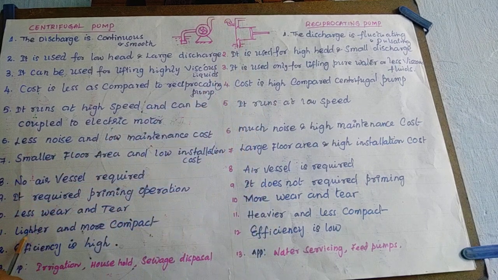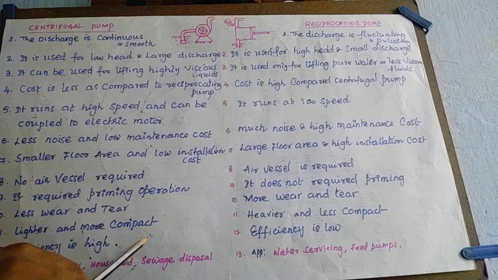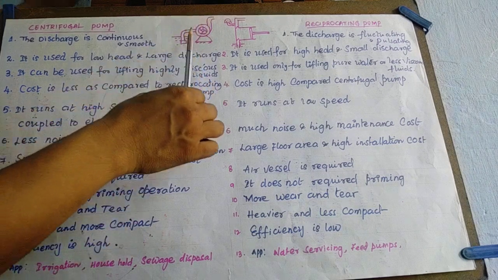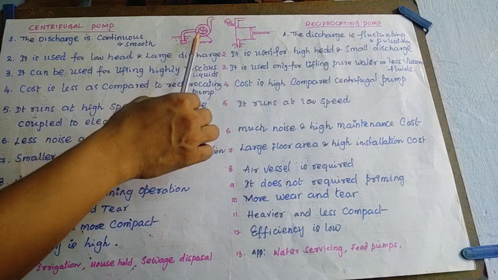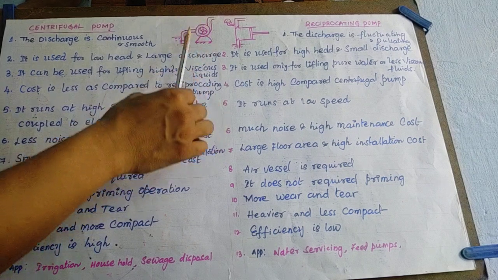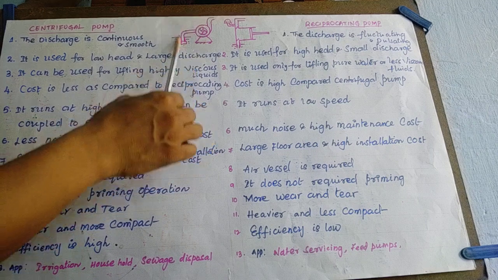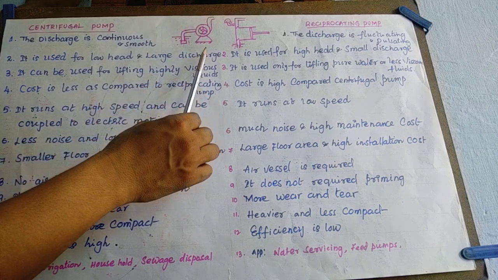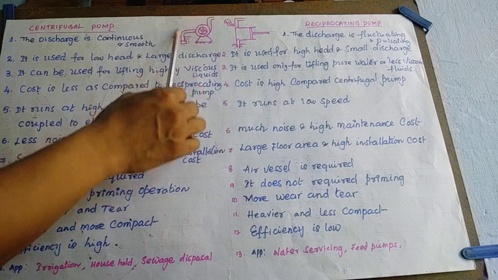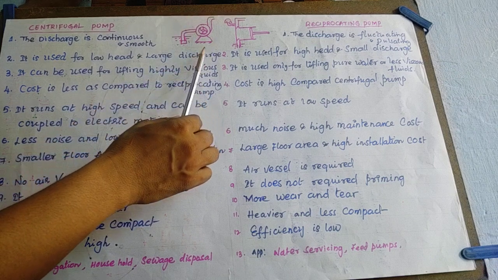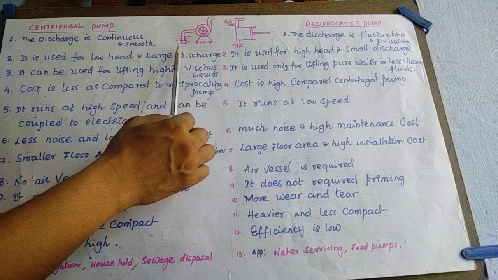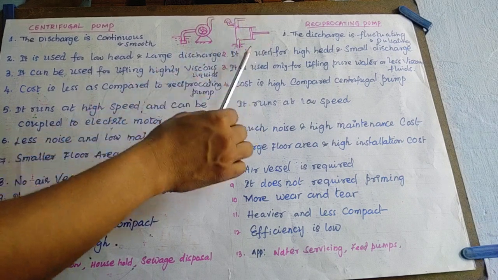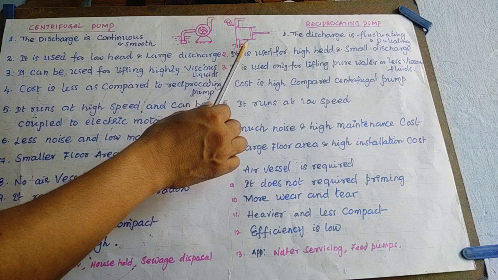And coming to the next point, lighter and more compact. The centrifugal pump is lighter in weight as well as more compact. That means we can make it in any size due to the flexibility in sizes. The weight of the motor and of the pump can also be varied, so it can be made with light weight. But here the size is much less compact.